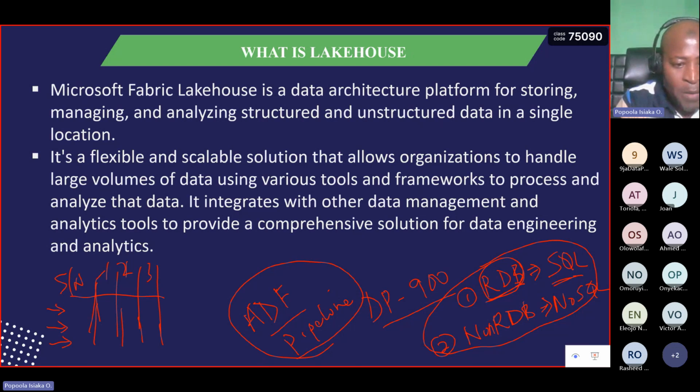Those are records. But when we are talking about columns, we are talking about the attributes. Each of the columns is regarded as an attribute. Maybe I'm looking at a customer profile as a table. What are the likely items that I can have under customer profile?